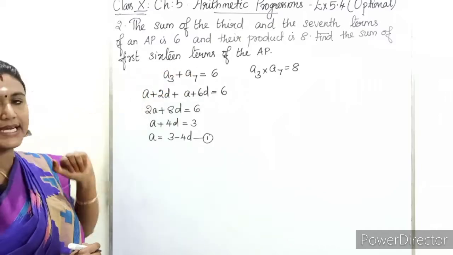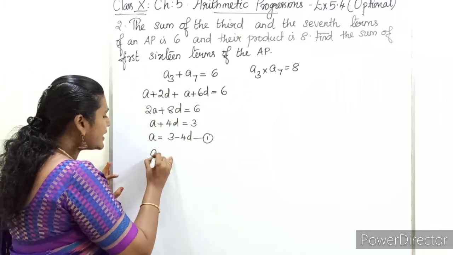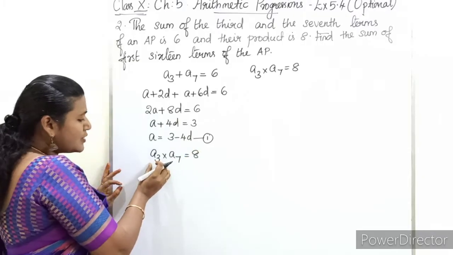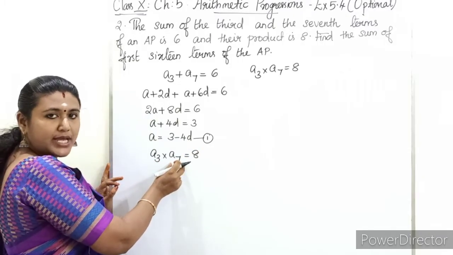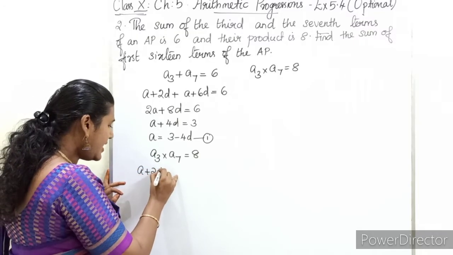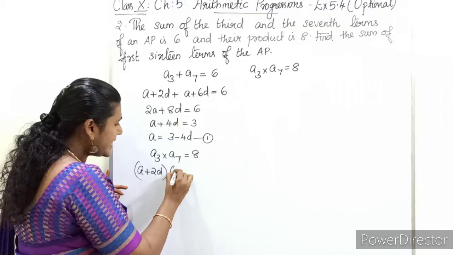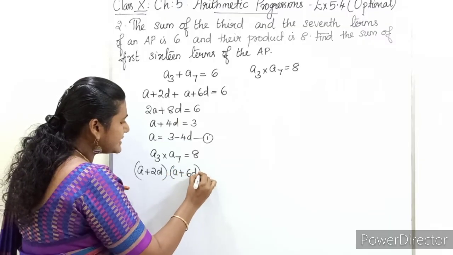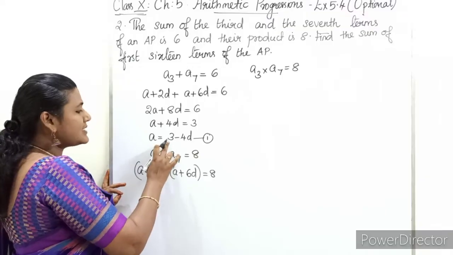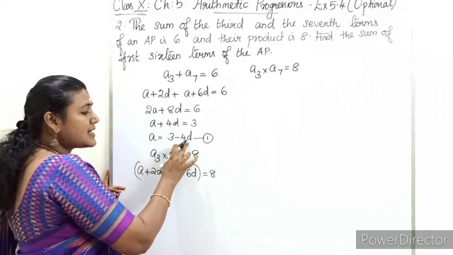Now we will go to the second condition given. The product of the third and seventh term is given as 8. So here also we will substitute the formula for A3 and A7. So the formula for A3 is A plus 2D, into A7 which is A plus 6D, is equal to 8. Now here in the place of A, what is the value we got for A? 3 minus 4D.